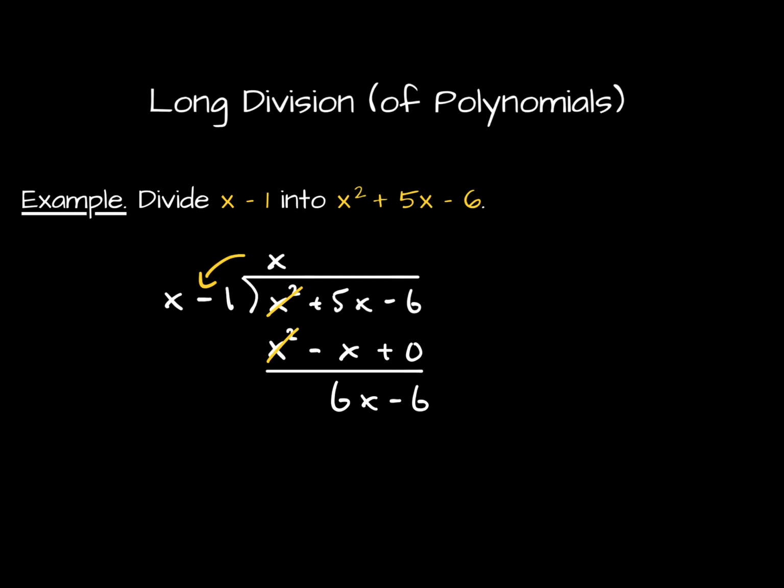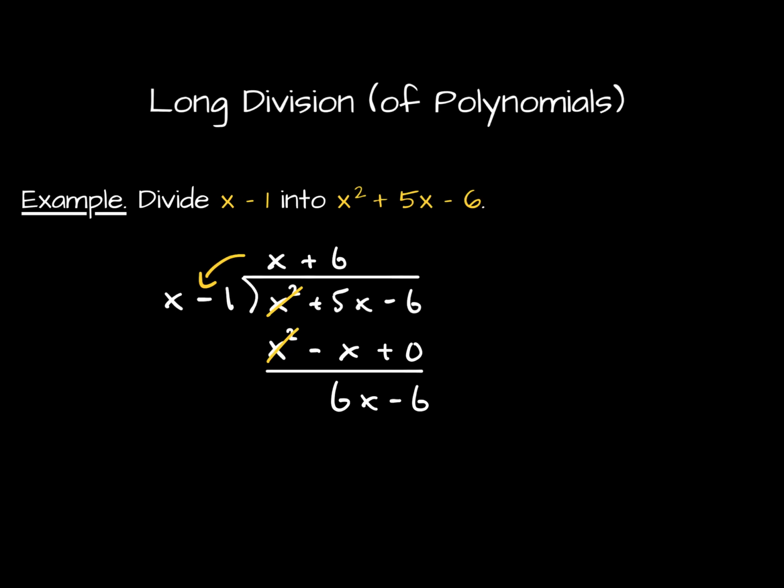And now the algorithm continues. We ask ourselves the question, well, what does x minus 1 need to get multiplied by to match the highest power term in 6x minus 6? And the answer is, of course, 6. So we will add a 6 on top of our division symbol.